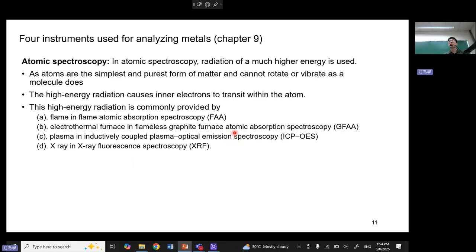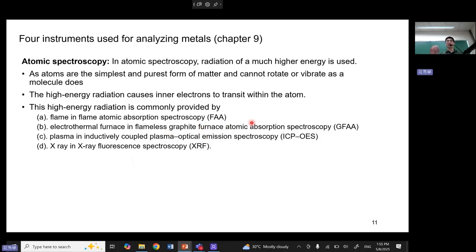What exactly is a furnace? Furnace means 高温炉. I'm not sure why they use the word furnace here, but its Chinese translation is 高温炉. So anyway, graphite furnace means that the key component is made of graphite.